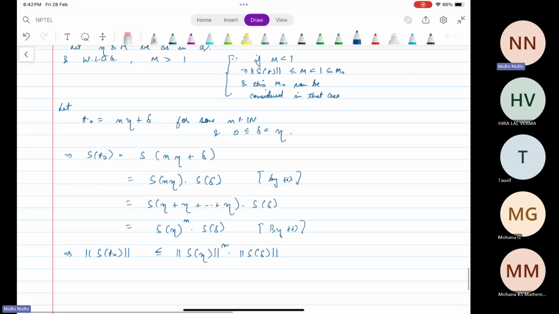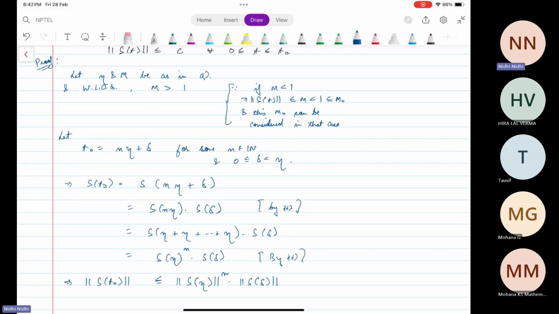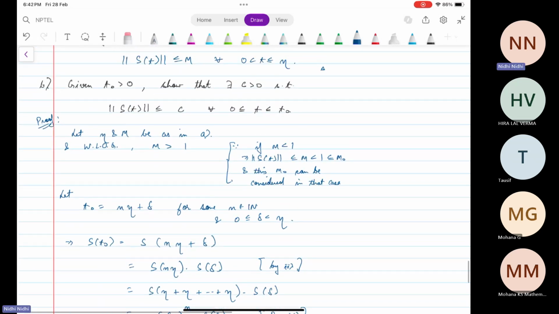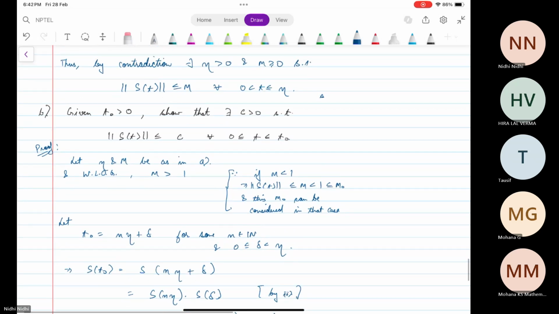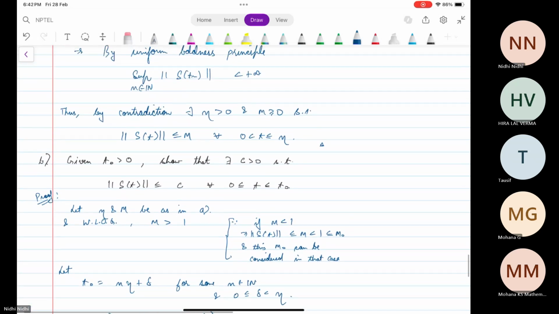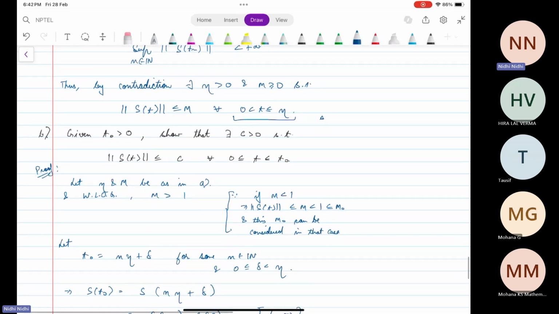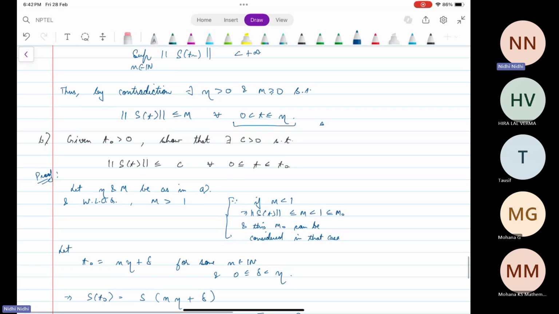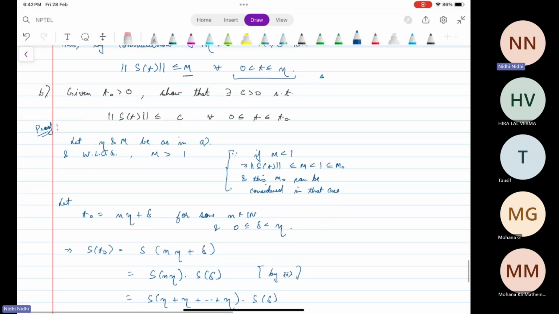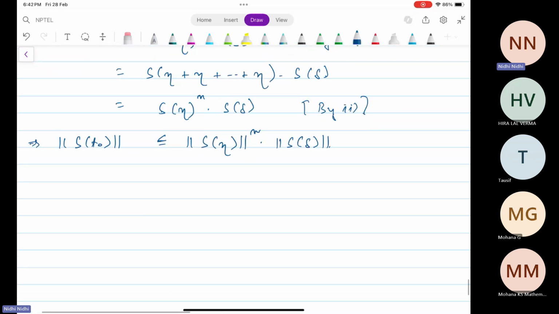Now since eta and delta are both such that for all t less than or equal to eta, as delta is strictly less than eta, we have norm St is less than or equal to M. So by part A, this is less than or equal to M to the power n plus 1.